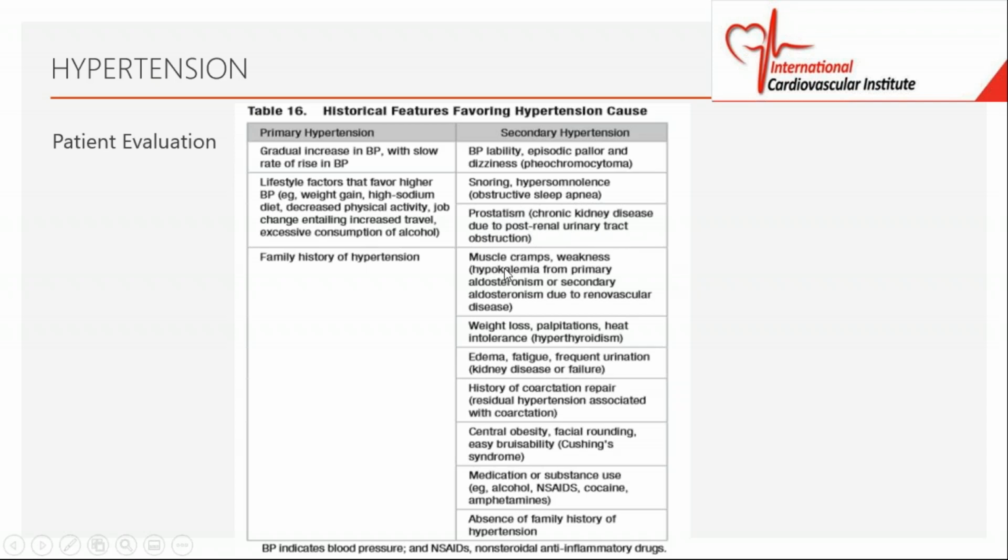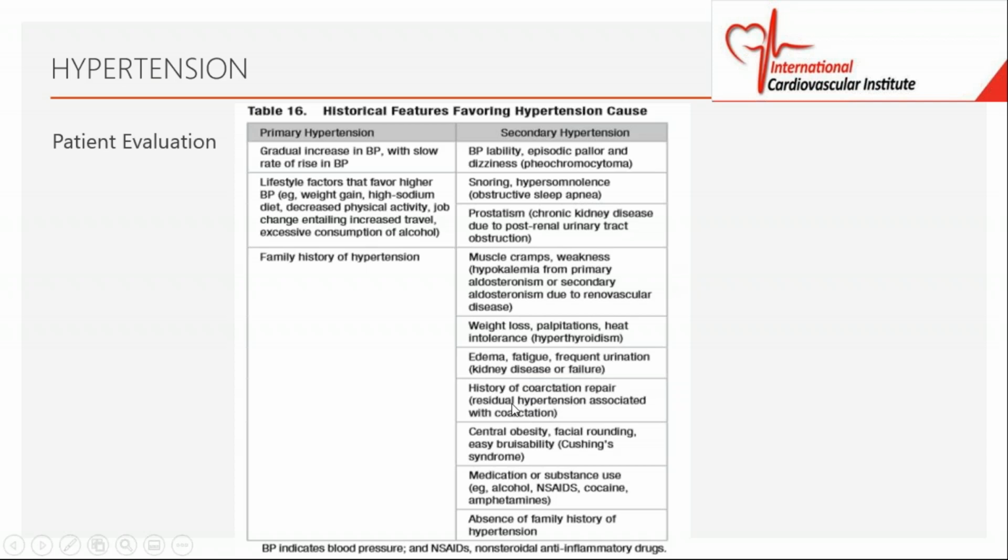If the patient has muscle cramps and weakness, it may be due to low potassium from primary aldosteronism. If the patient has excessive weight loss and palpitations, probably hyperthyroidism. Fatigue, edema, frequent urination, kidney disease or kidney failure.